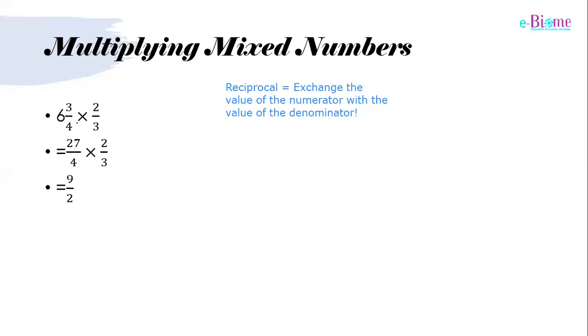We have it out of 4, and when I now multiply 6 by 4, I am saying, okay, I have something out of 4.